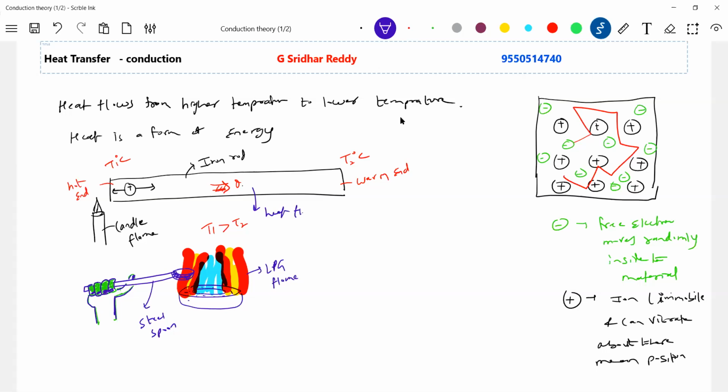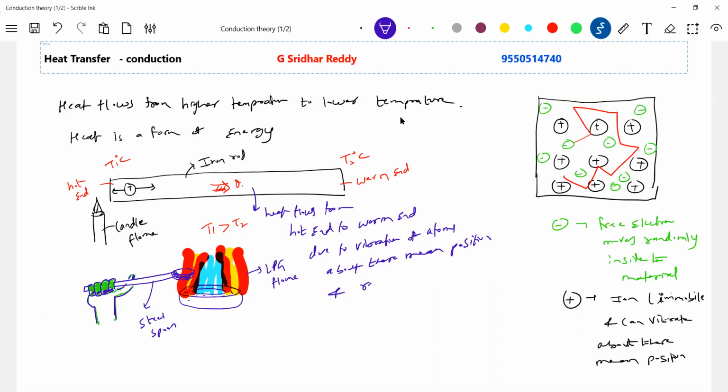Heat flows from hot end to warm end due to vibration of atoms about their mean position and random motion of free electrons. It is what is responsible.